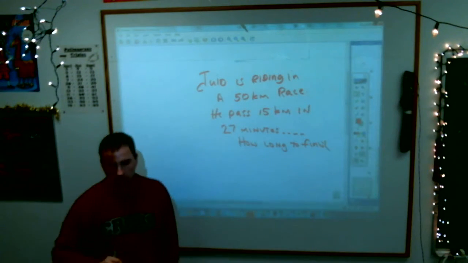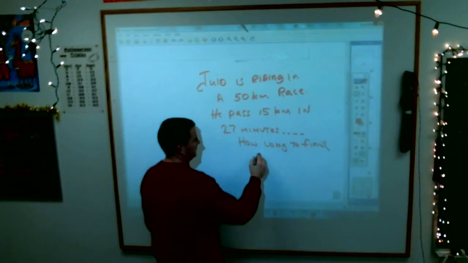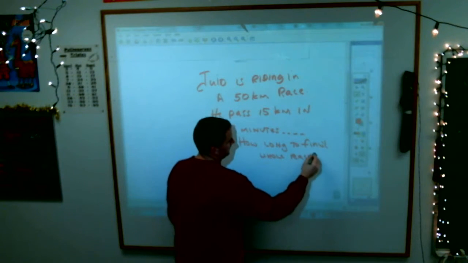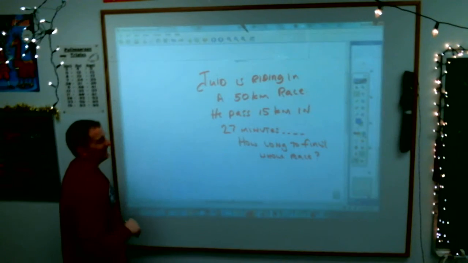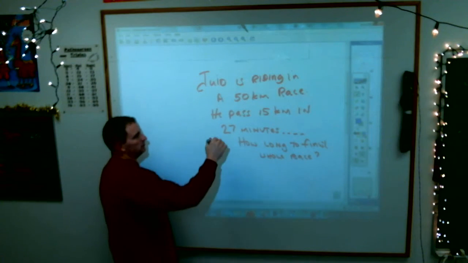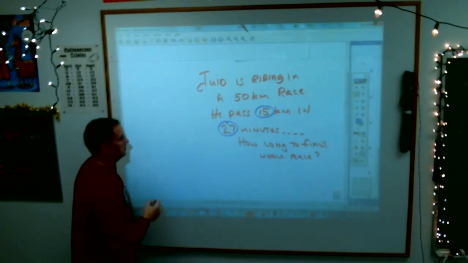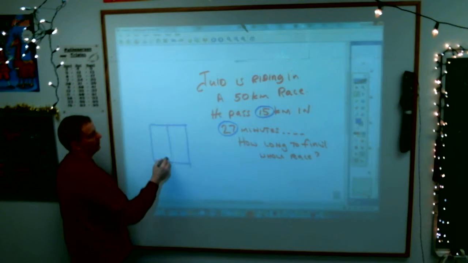Now, is it going to ask me how long will it take him to finish the whole race? As I said, that'd be two different questions there. Now you have to read into it, you've got a ratio given to you. He is doing 15 kilometers in 27 minutes. So when you do your proportion box, what am I comparing?